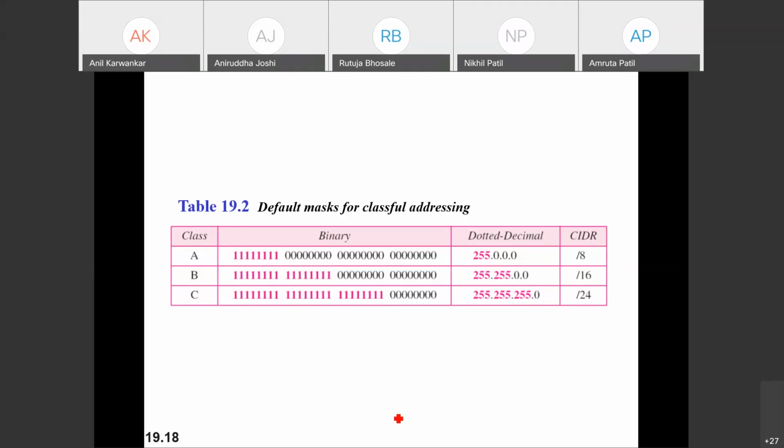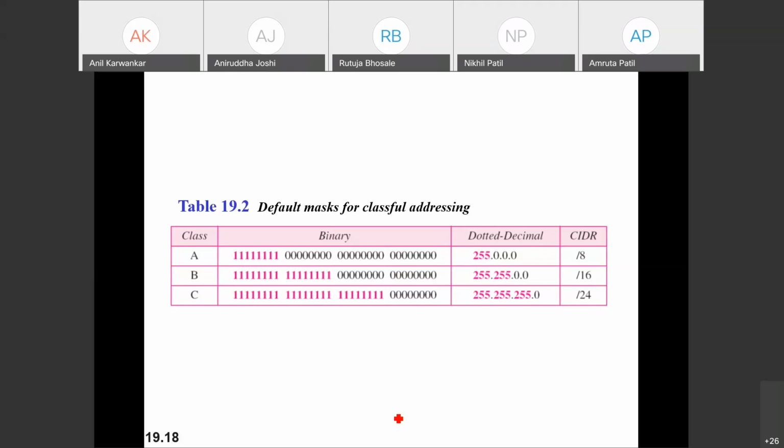That's why the class C IP address allocation scheme is very popular in India, where the first 3 bytes define the network ID and the last byte defines the host ID. The host ID can be the ID assigned to your mobile, your PC, or a network printer connected in a class C configuration.